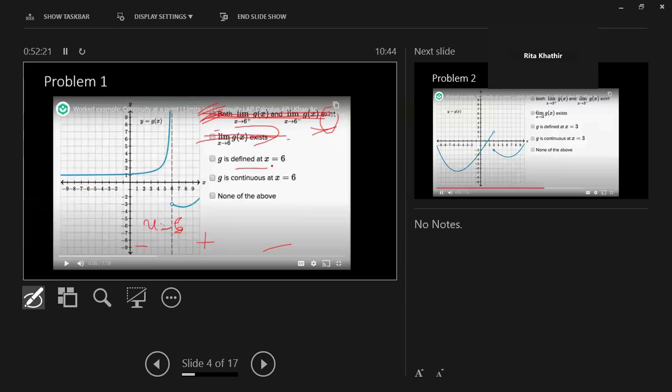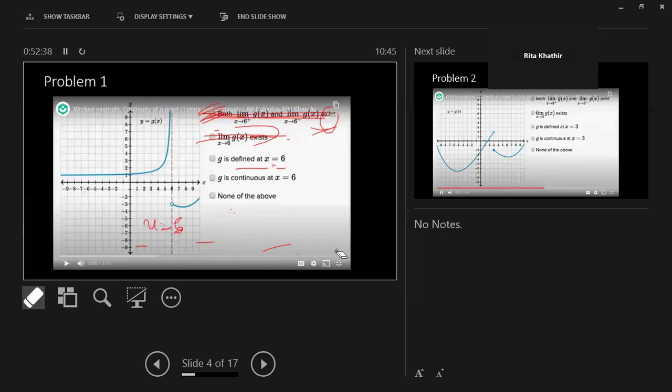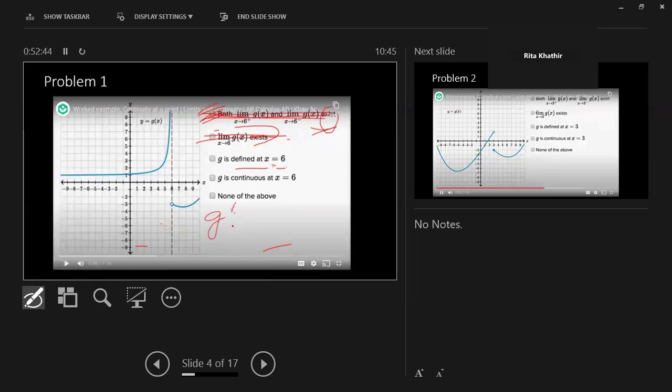G is defined at x equals 6. Look at g of x. If you put g of 6, what is the value then?